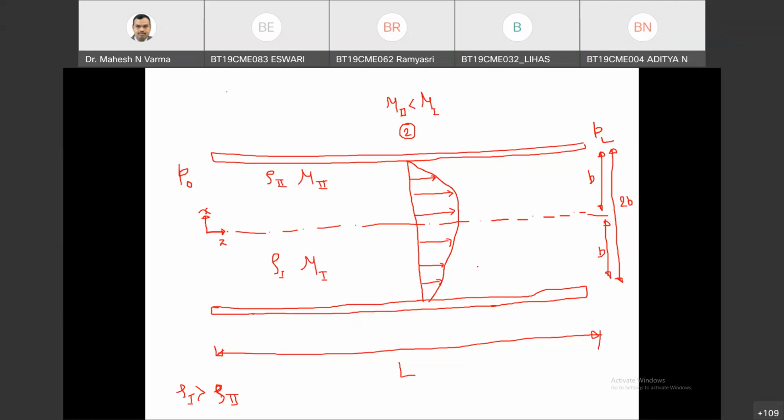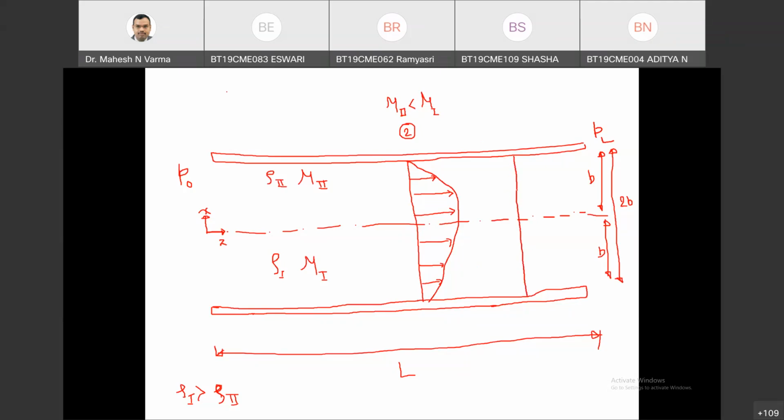Sir, the flux will be maximum at the corners, and it will be zero where the velocity profile is maximum.